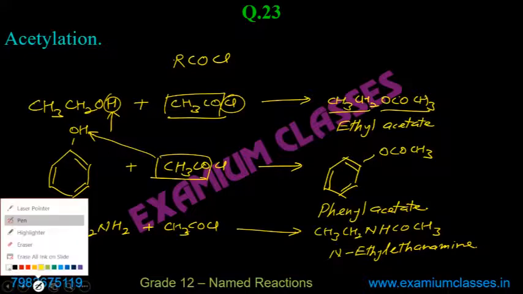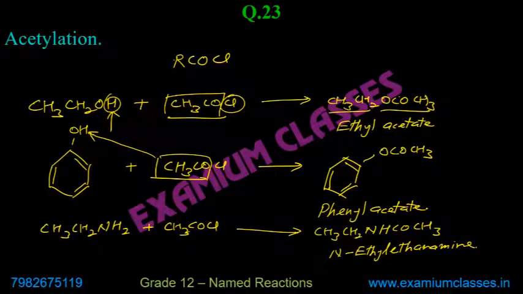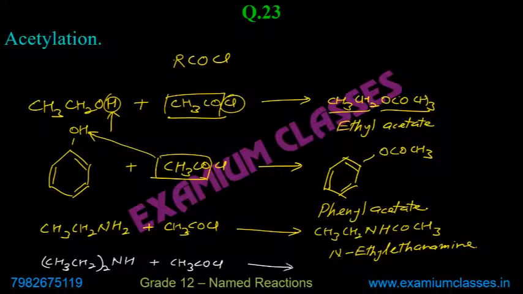Now for the second one, say secondary. For secondary, say it is (CH3CH2) whole twice N, and with the same reagent we get the product. In this case, this hydrogen will be replaced.